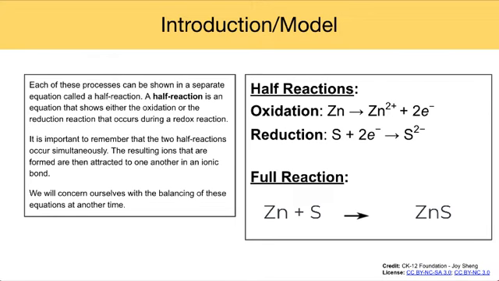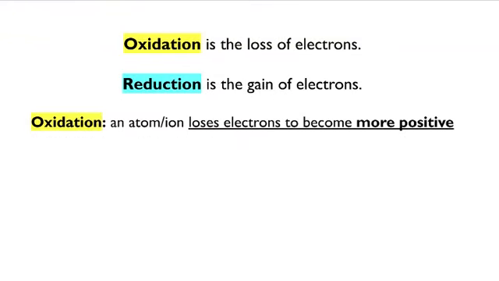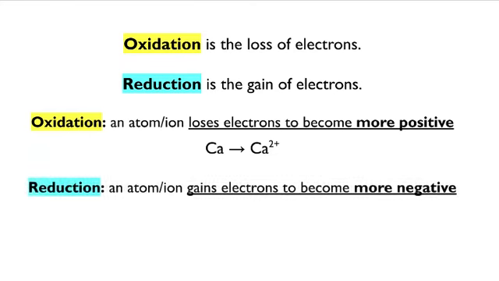During oxidation, an atom or an ion loses electrons to become more positive. For example, neutral calcium becoming a calcium ion with a charge of 2+ is an example of calcium undergoing oxidation. It had to lose 2 electrons to go from being neutral to being positive. Reduction is the opposite, an atom or ion gaining electrons to become more negative.